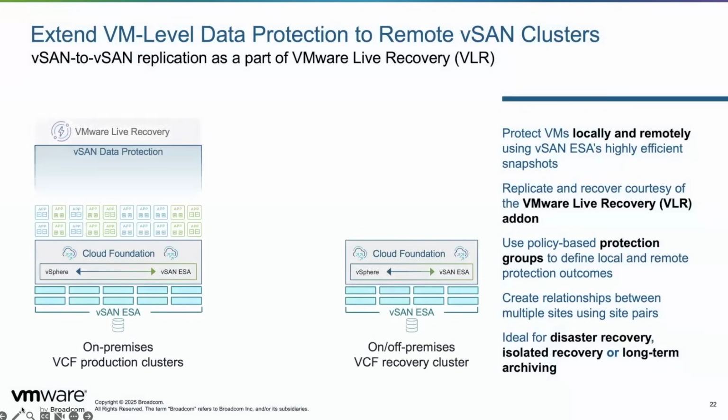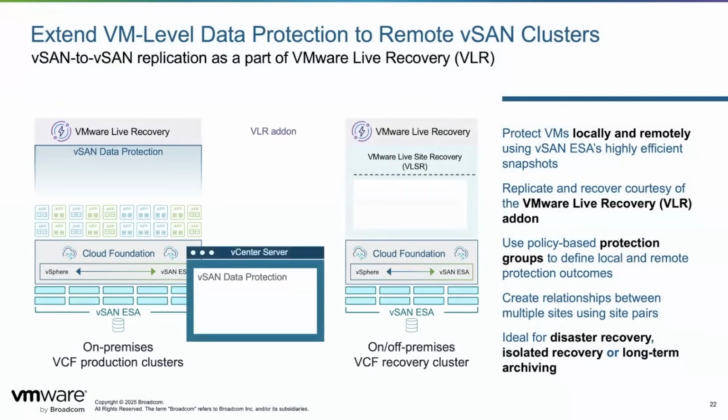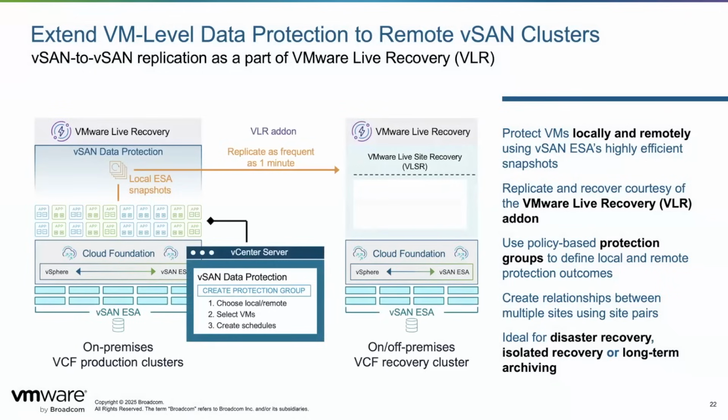So going through these capabilities, we've extended the vSAN data protection, which is included in the base vSAN. That's definitely there. You can create those GFS schedules, you can create those snapshot retentions, you can set immutability on those. But we now have the ability to combine this with the VMware Live Recovery add-on. And VMware Live Recovery, for those following along at home, incorporates the product formerly known as Site Recovery Manager.